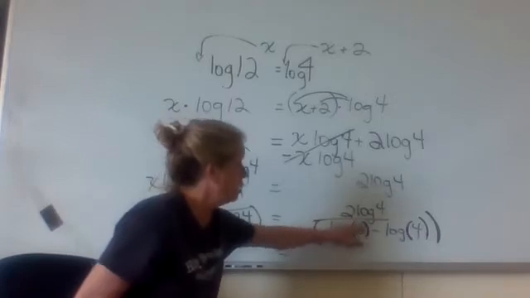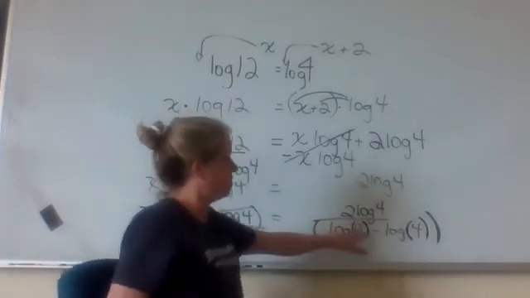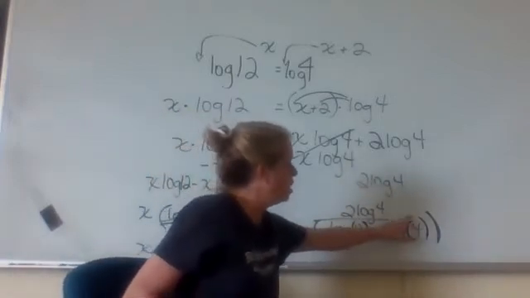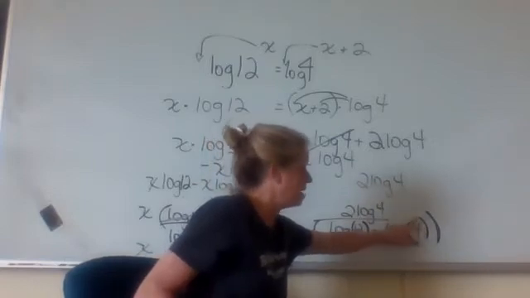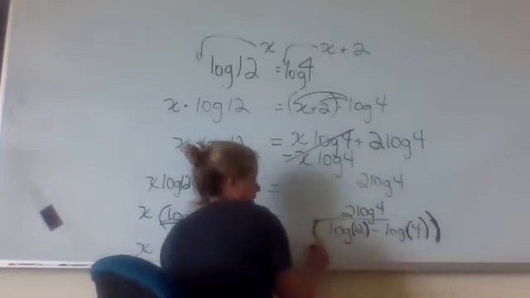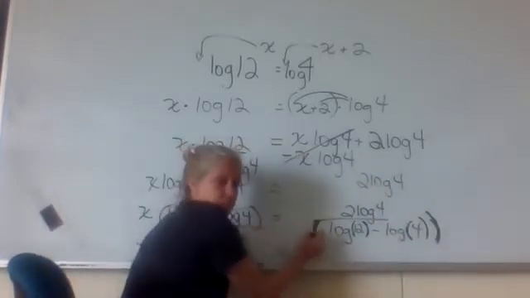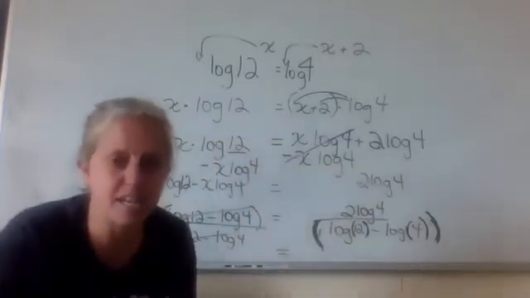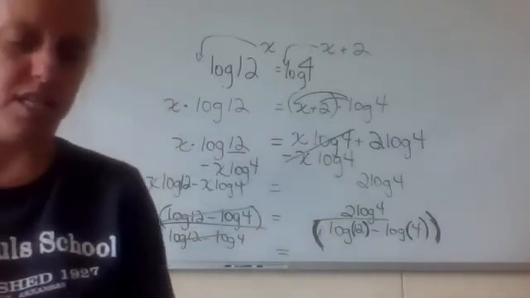log 12, close the parenthesis behind the 12, minus log 4, close the parenthesis behind the 4, and then you're going to have to put in another closed parenthesis to close out this parenthesis. So type it in exactly like it is on the board in the denominator.